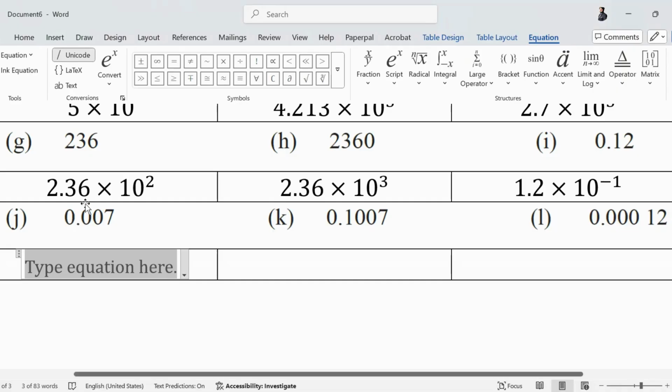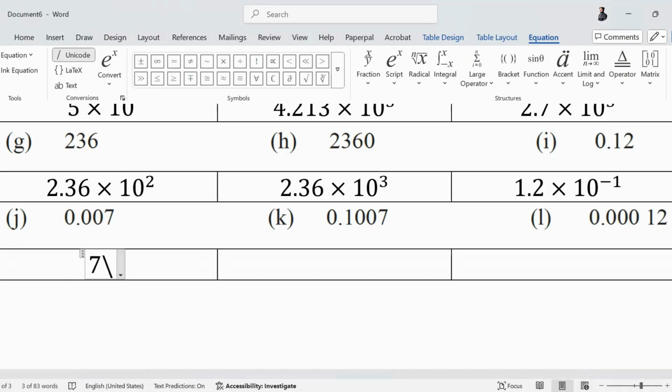The decimal is over here. We'll move it 3 decimal places to the right. 7 exponent -3.